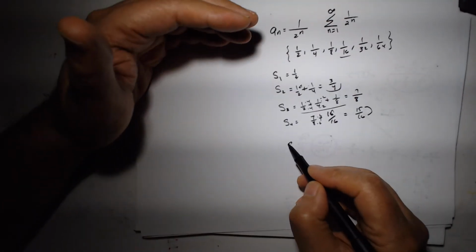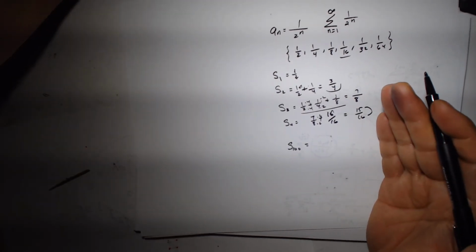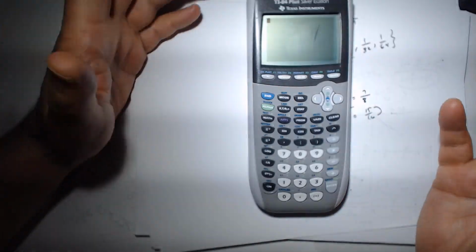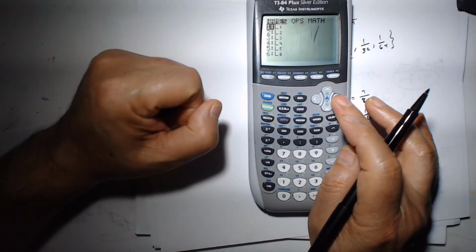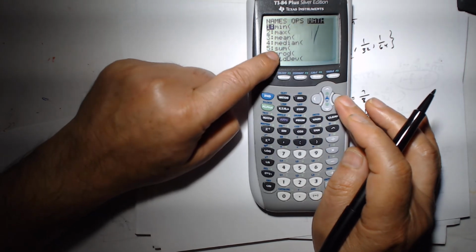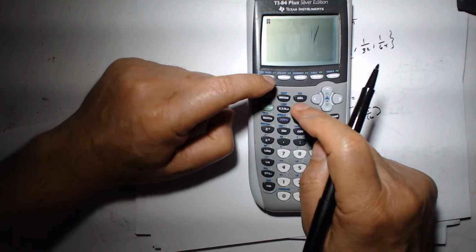For example, what is the sum of the first 100 terms? I don't know the graph, and I don't know how to write all those 100 of them, but my calculator can do it. I'm going to go to second, stat, list, and find the sum.